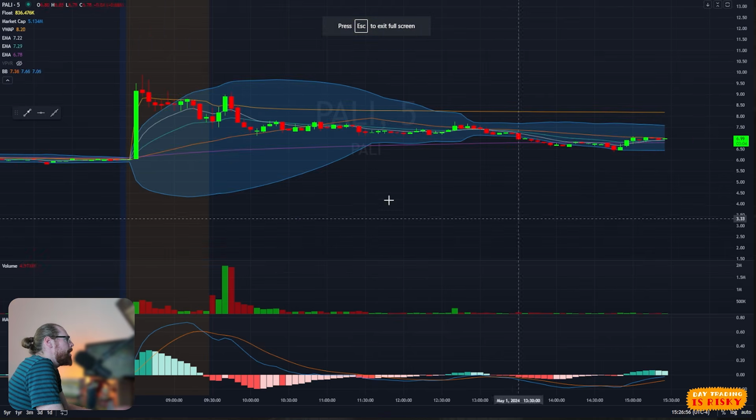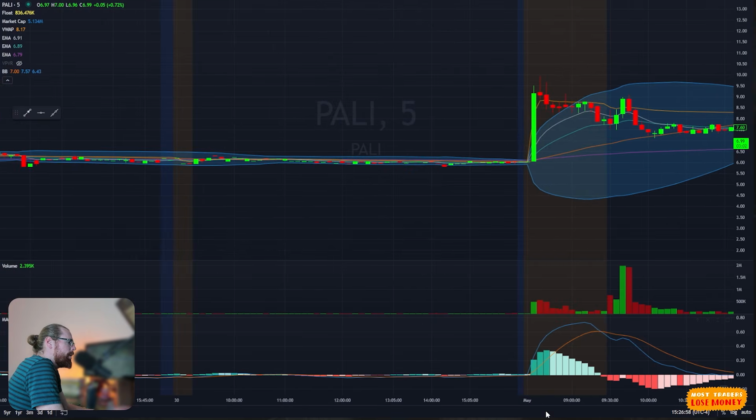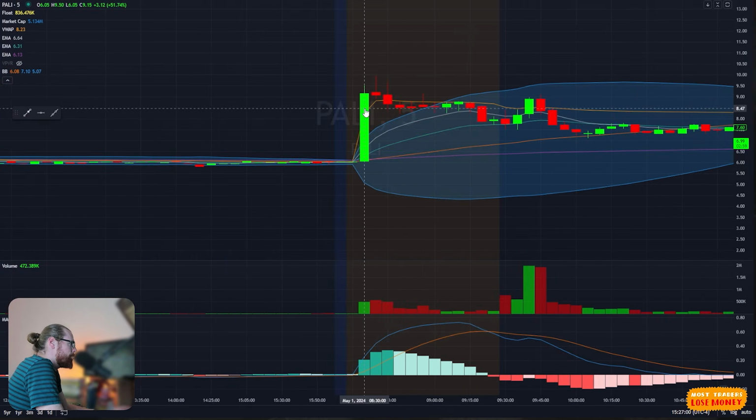Now, what's interesting about PALI is we got this initial squeeze right here on breaking news. And then what ended up happening was it basically stalled out. So we got a surge higher. The MACD was certainly open as it surged higher. We had a nice big green volume bar, but then the following candle was red, pulled back, and is fully outside the Bollinger Bands.